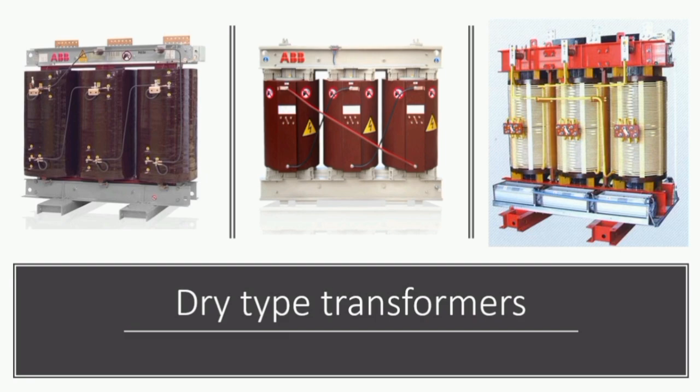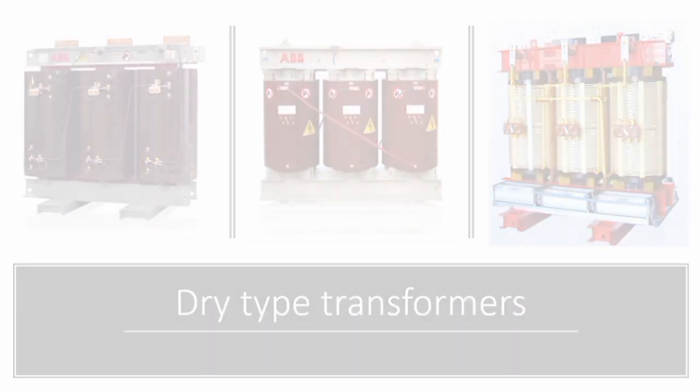Another type is the vacuum pressure impregnated (VPI) transformer, where insulating varnish is applied to the windings under vacuum conditions to improve insulation strength and durability. Both designs provide reliable performance in indoor environments and harsh operating conditions.